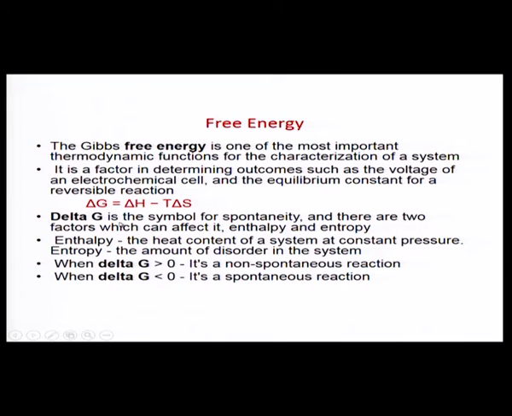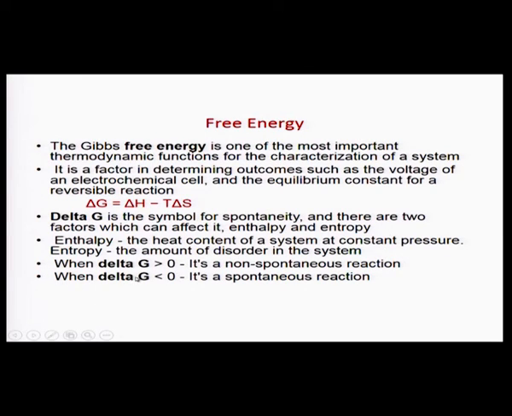So in this, delta G is a symbol for spontaneity, and there are two factors which affect it: the enthalpy, that is the heat content of the system at constant pressure, and the entropy, the amount of disorder in the particular system.